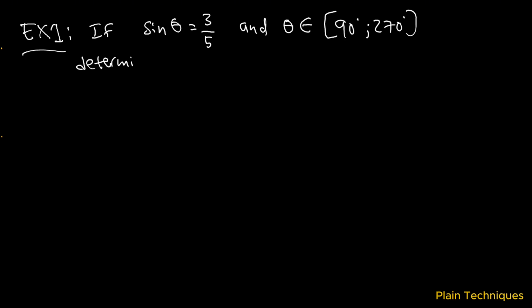Okay, let's put what we learned into practice. Example number 1. If sine theta is equal to 3 over 5, and the angle is between 90 degrees and 270 degrees, determine the value of cos theta tan squared theta.